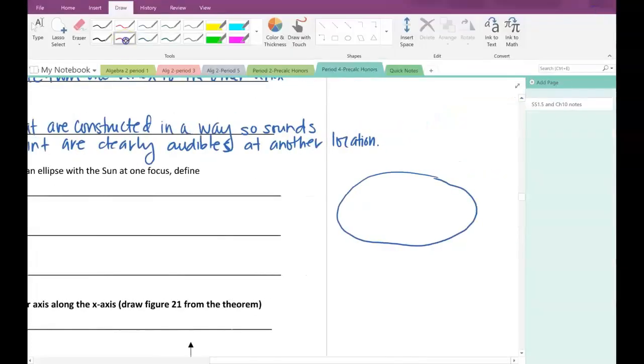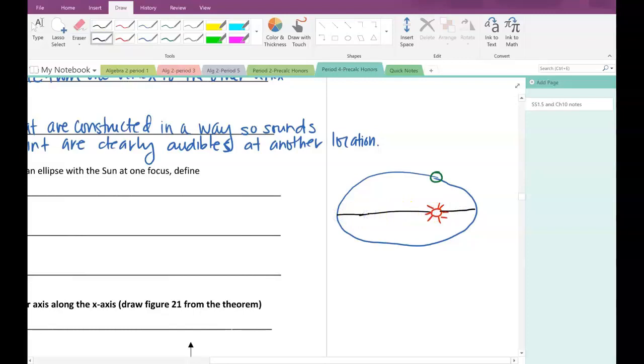I'm going to get a different color. Let's say that you have a planet here orbiting around. So the planet is going to orbit around the sun. Let's make the sun right here, okay? Around the sun in an elliptical shape. And I'm going to make the sun, there you go.